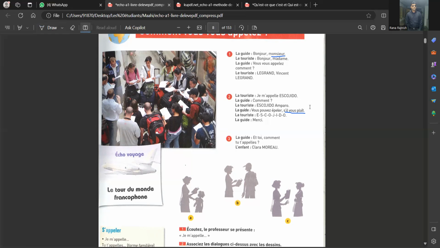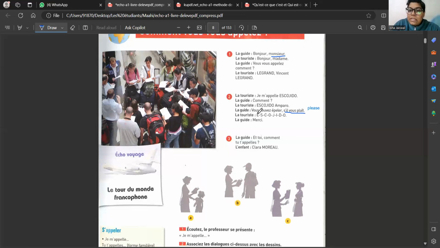Appeler here means to spell, like you could spell your word please. Whenever a word is written with dashes in between, it means the person is saying the letters in French.